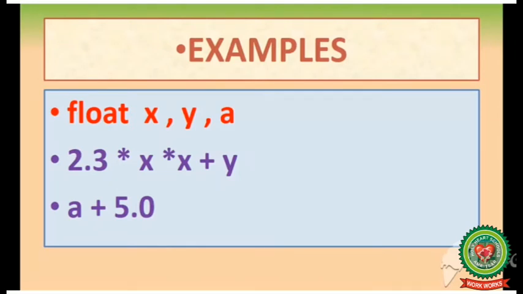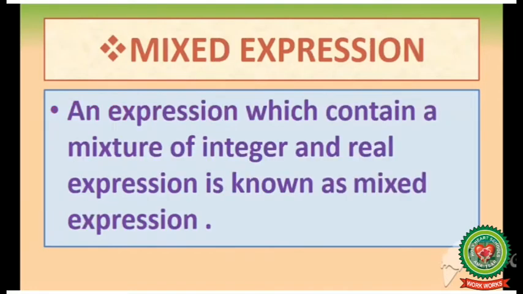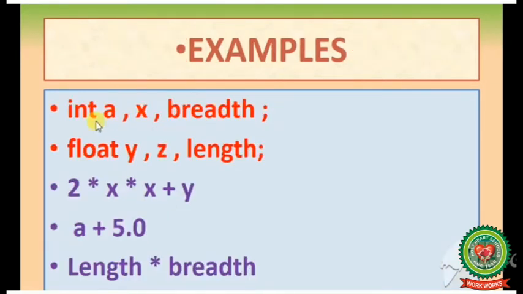Next is mixed expression. An expression which contains a mixture of integer and real values is known as a mixed expression. Means in this expression we can combine integer values plus real values. See some examples. Number 1, int a comma x comma breadth.